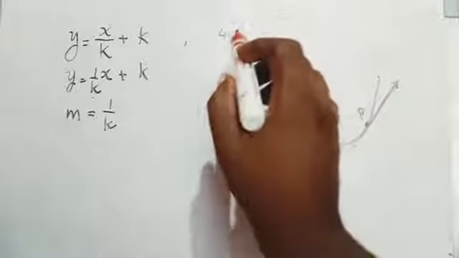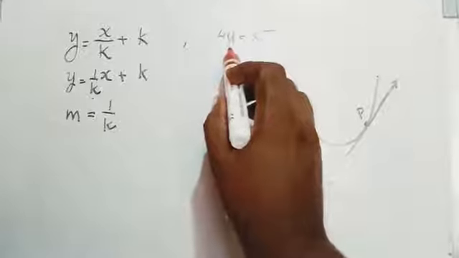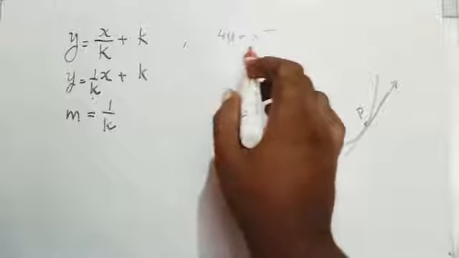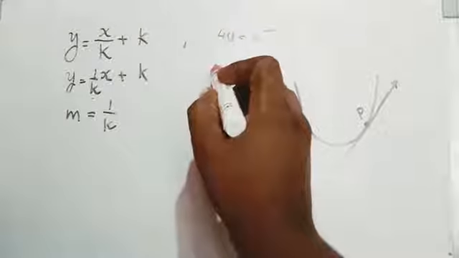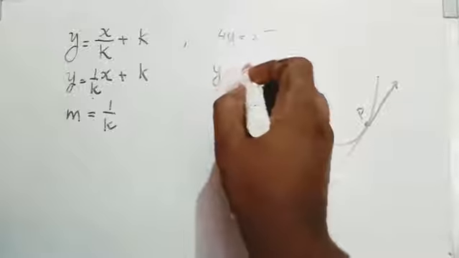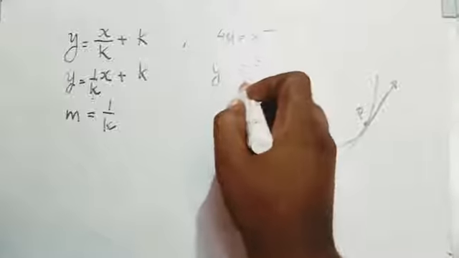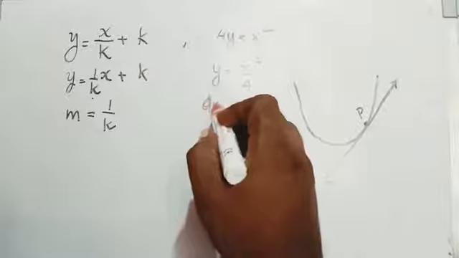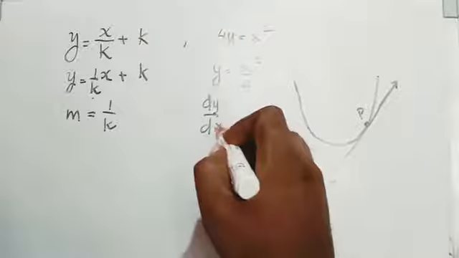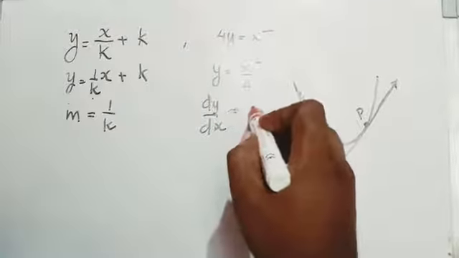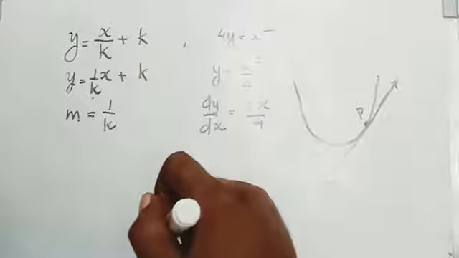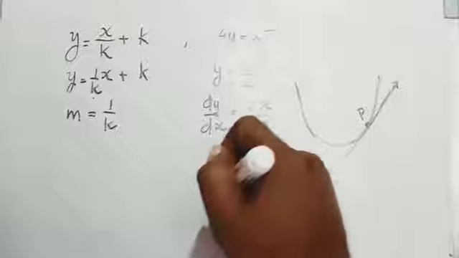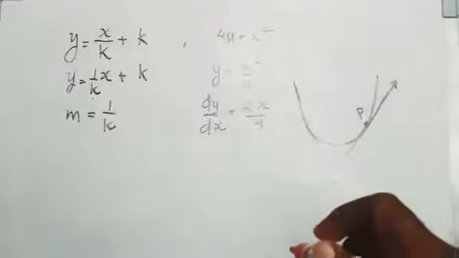Now let's find the gradient of the curve by differentiating its equation. So we get y is equal to x squared by 4, or dy by dx is equal to 2x by 4. Now what we need is the value of x.